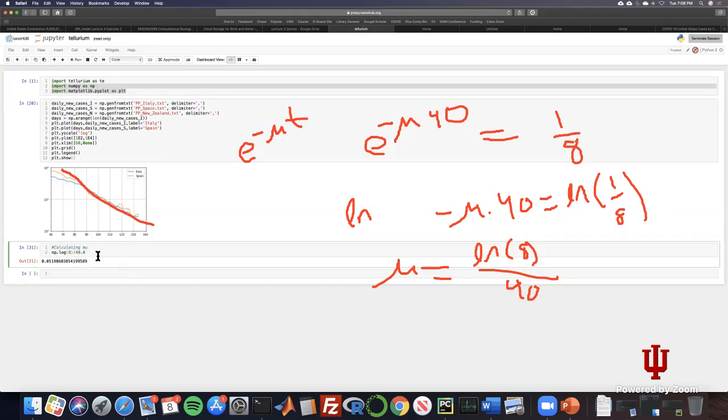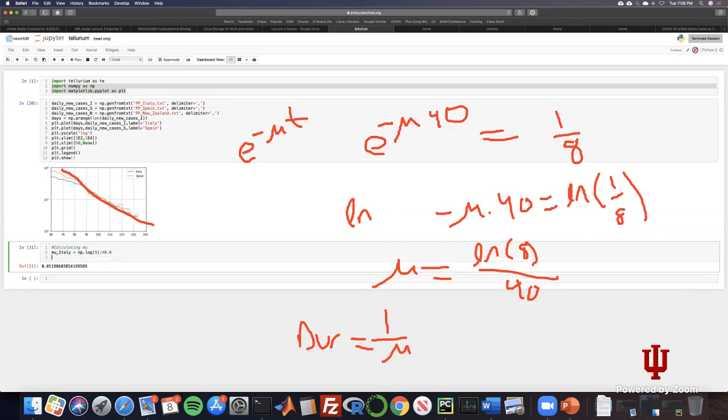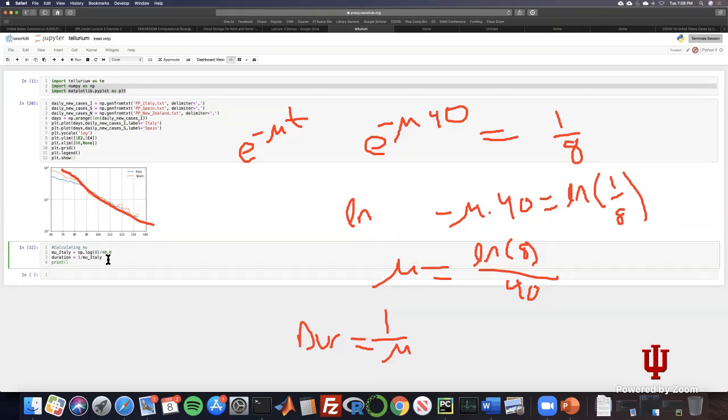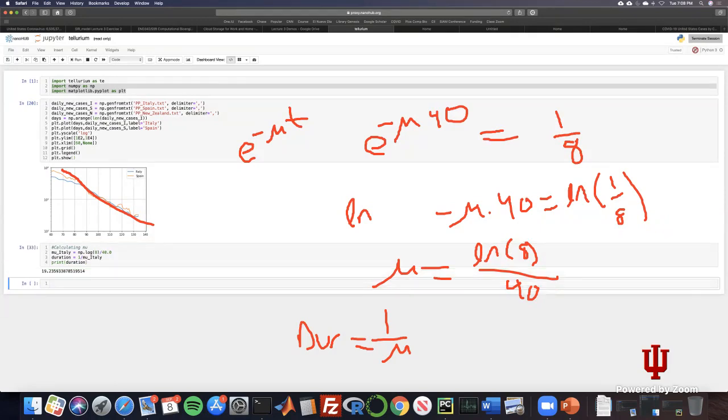And the duration of the disease is 1/mu, which is 20.